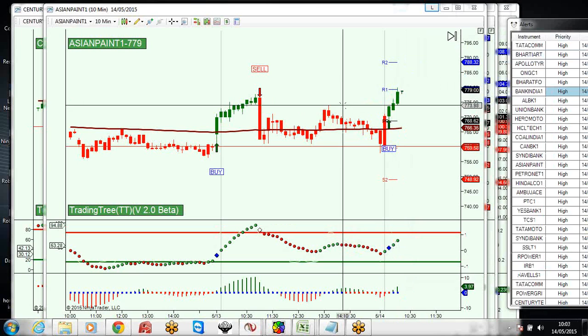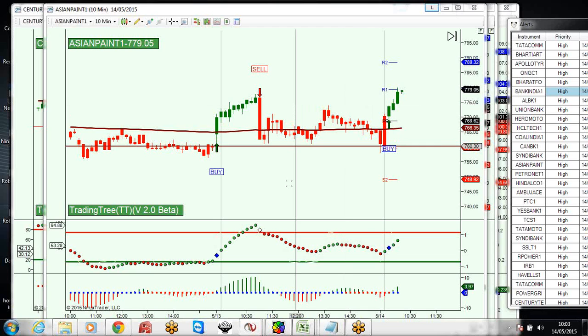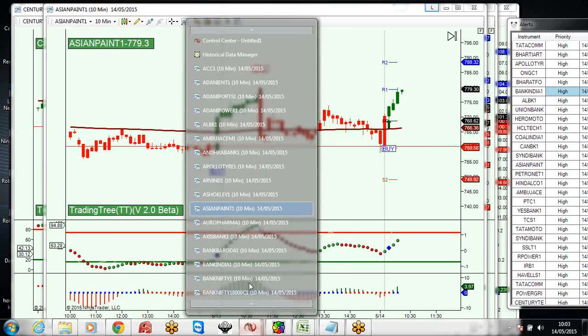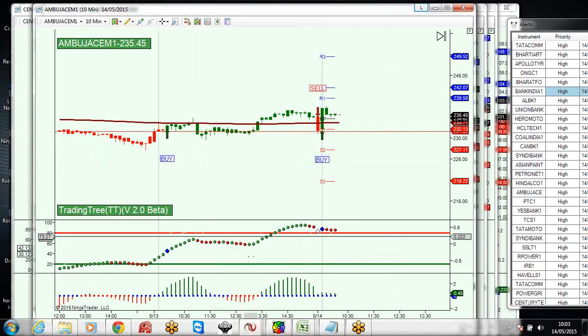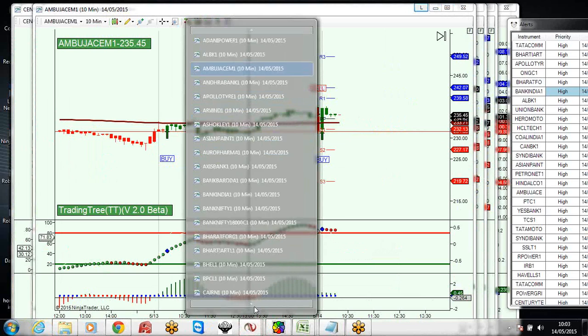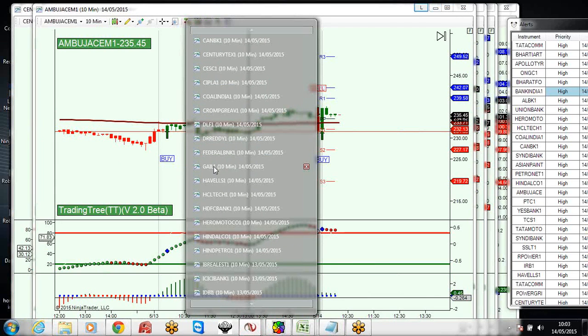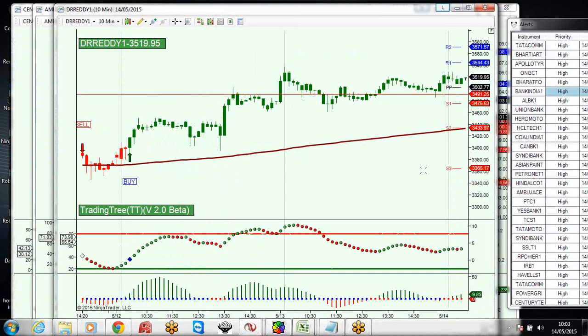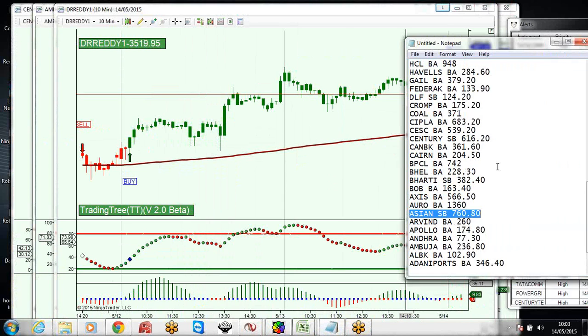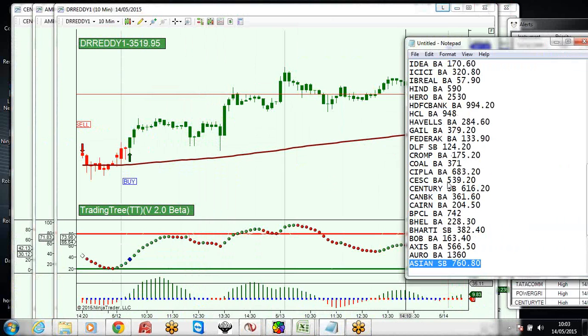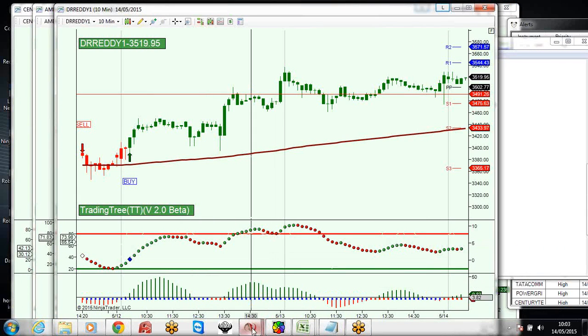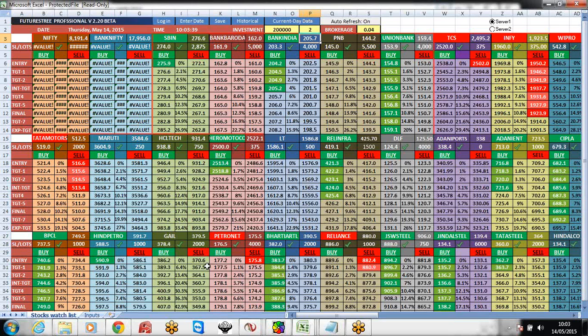We have a buy here, 774. So Real Infra, we have this buy.